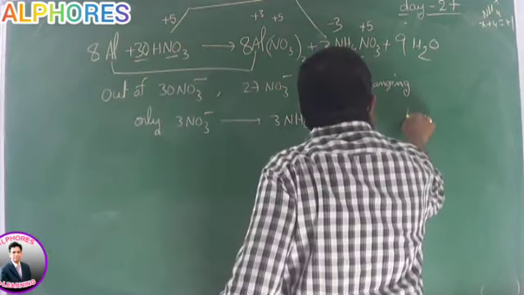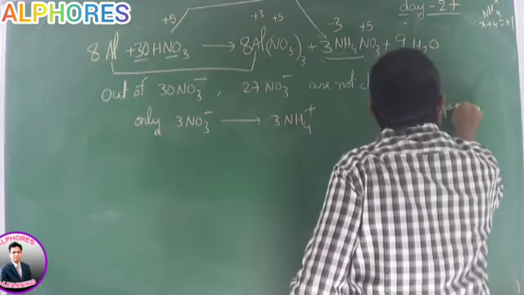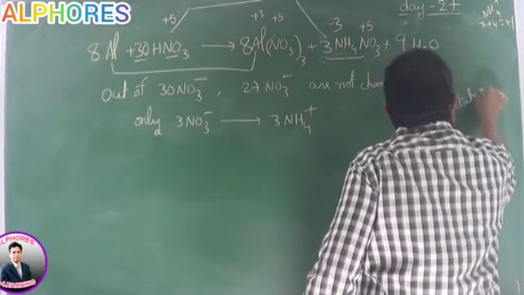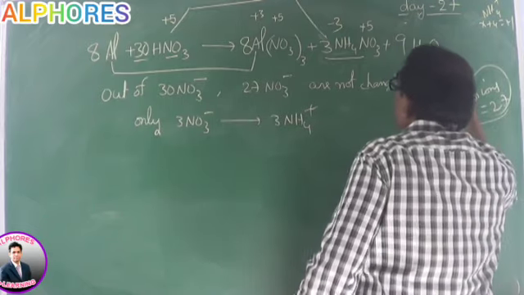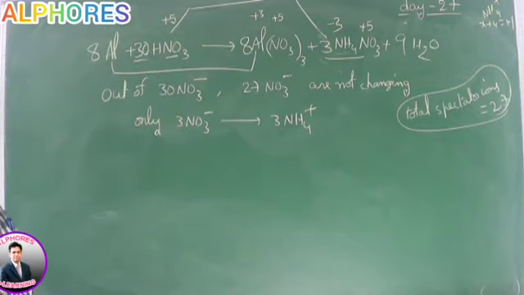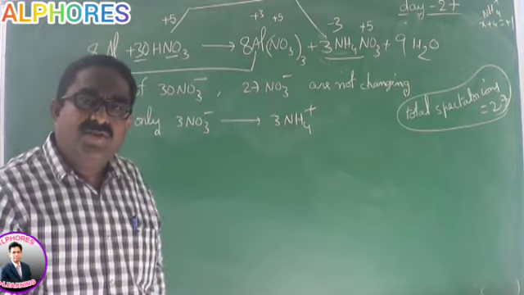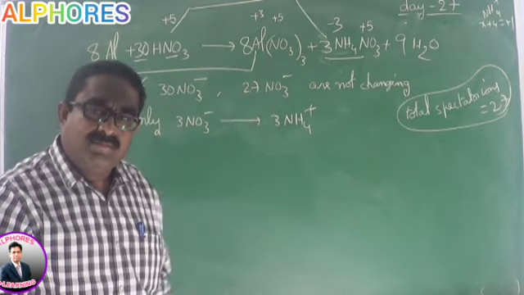So total spectator ions is equal to 27. So you can cancel out 27 ions blindly on both sides because there is no change in chemical composition. As it is, they are traveling.